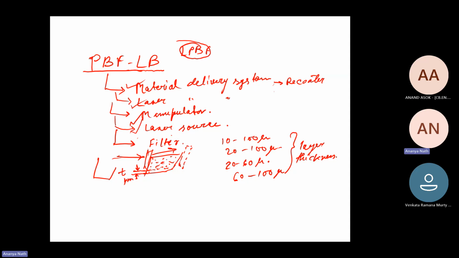Then we have the laser source. We often use the fiber laser. Fiber laser has a greater life than diode laser. Fiber lasers give us a very perfect Gaussian beam, and as LPBF is used to print parts with high resolution and small feature size, it is recommended to use a perfect single mode Gaussian beam.